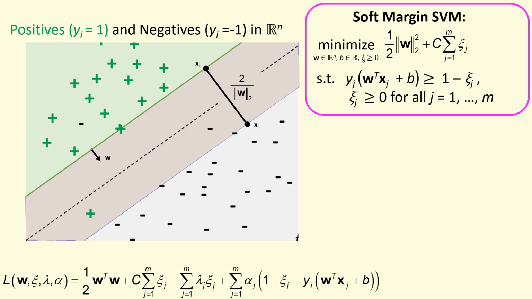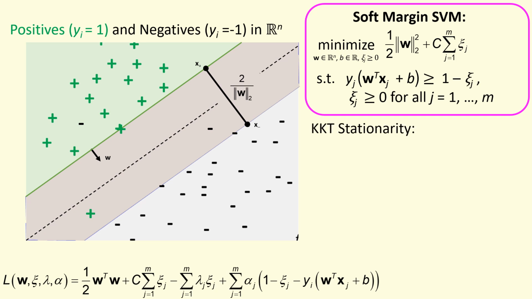So the slack variables greater or equal to 0 gives us this sum j equals 1 to m of lambda sub j times slack j, and also the first constraint, y sub j quantity w transpose x sub j plus b greater or equal to 1 minus the slack. Well, we multiply each one of those by an alpha sub j, and combined with our objective, we have the Lagrangian for the soft margin support vector machine.